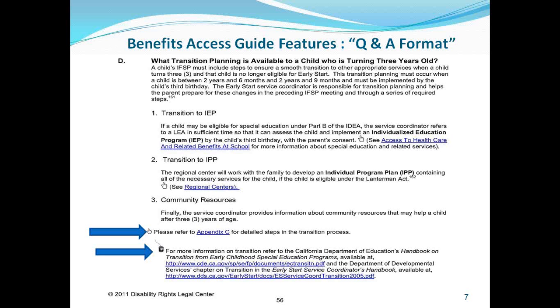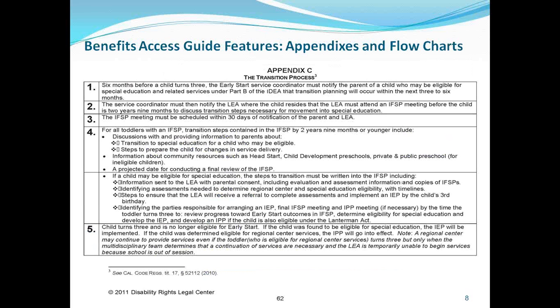On this page, you see a link to Appendix C, which we will look at in a moment, and there is a link to further information on transition services through online resources. This is Appendix C, which lays out the steps in the transition process in chart form, helping us to multiply different ways that users can access the information in the guide.